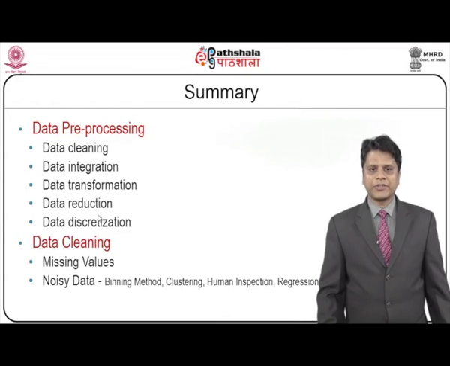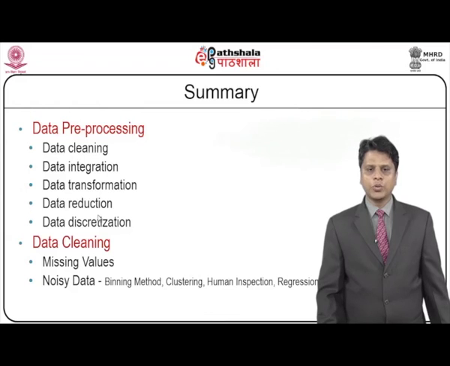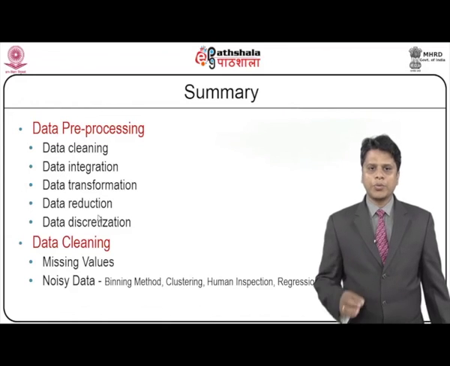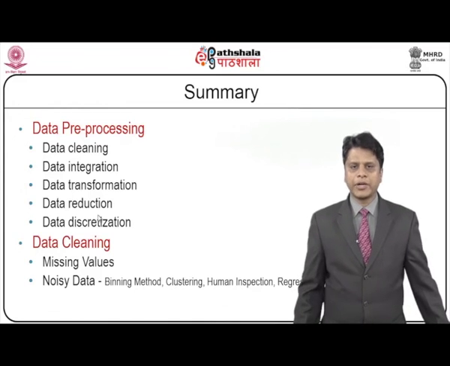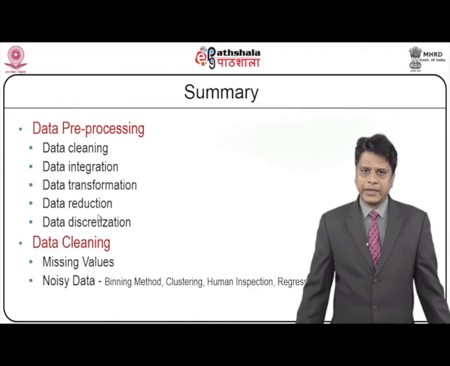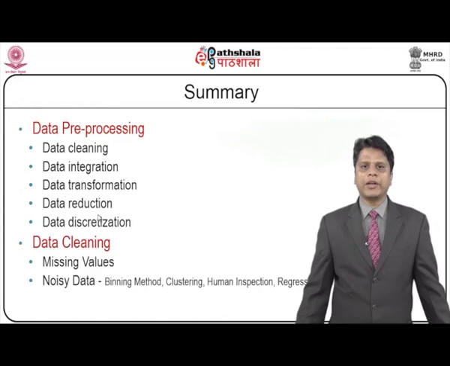As part of pre-processing, I might have to do data cleansing, data integration, transformation, reduction and discretization. All these procedures have to be done as part of the pre-processing stage. But in this particular session, we have looked at the data cleansing process, whereby we have looked at missing values and noisy data.